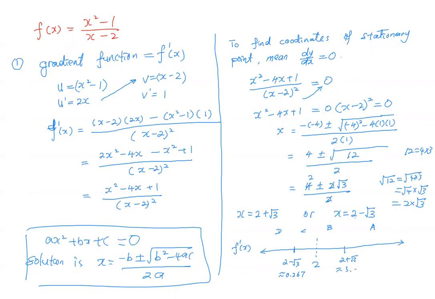Now I want to teach you how to use your GC. Everyone, you have your GC with you? Go to this button. You have your Y1 as the formula, correct? Everyone, do you have your Y1 as a formula? Then you go to your Y2. Now I want to have the f prime x. I don't have to key in this formula.